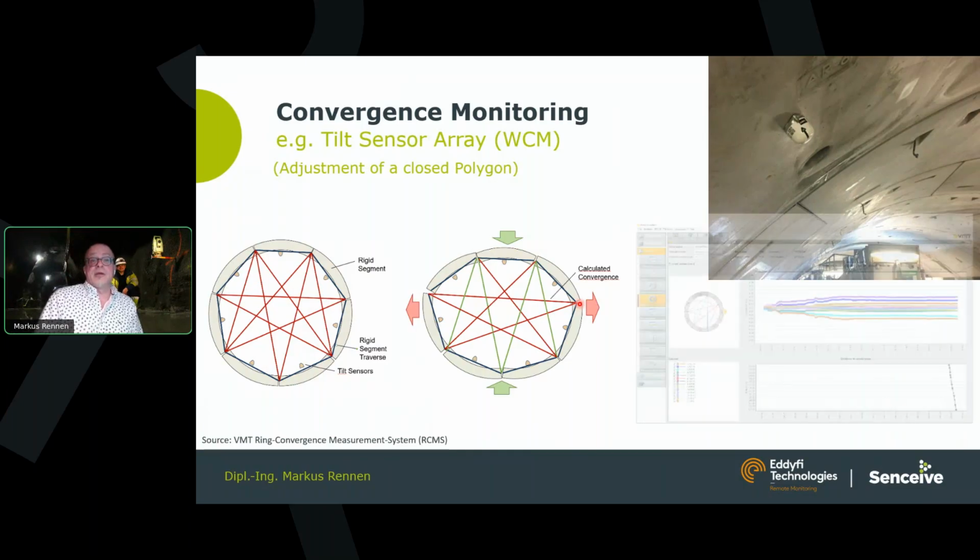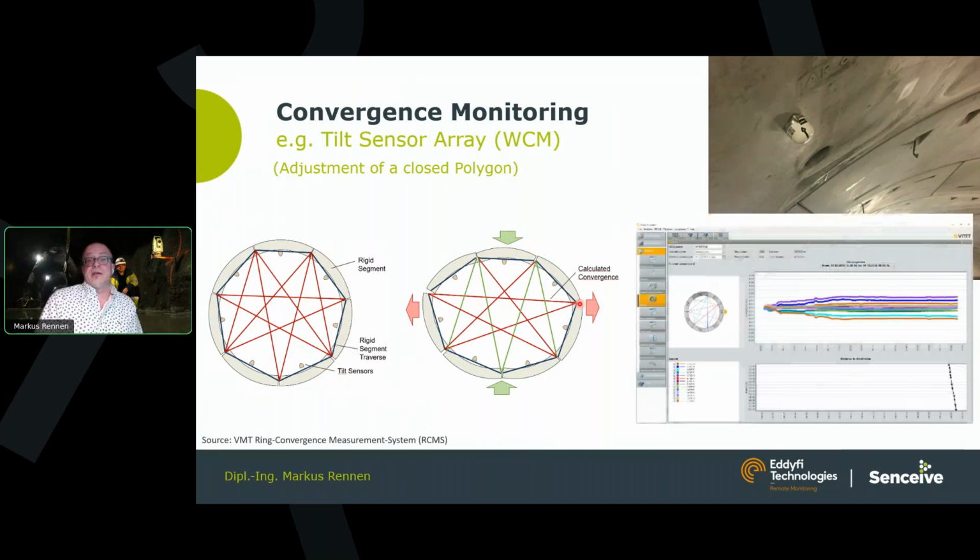And this whole thing can then, for example, directly be imported in the tunnel navigation system.